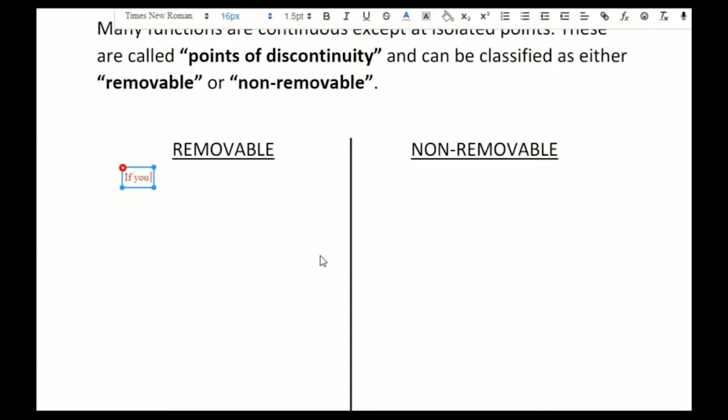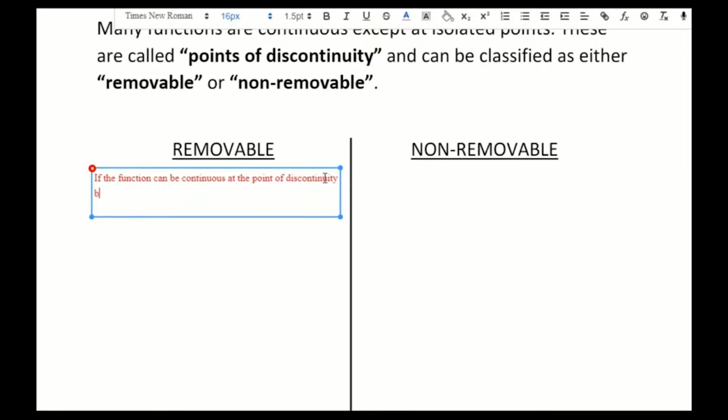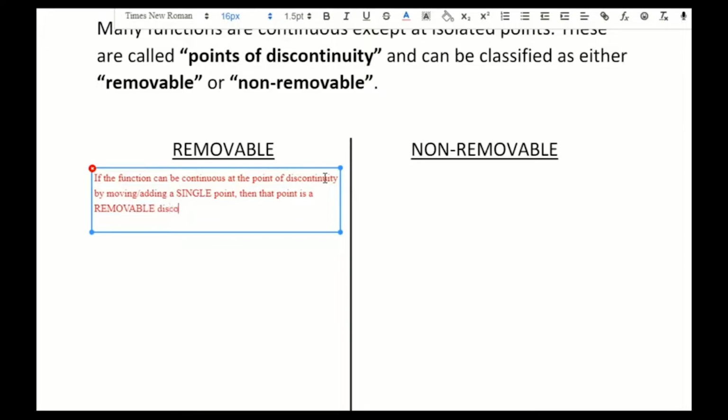So if the function can be continuous at the point of discontinuity, let's fix that spelling there. Okay, if the function can be continuous at the point of discontinuity by moving or adding a single point, then that point is a removable discontinuity.